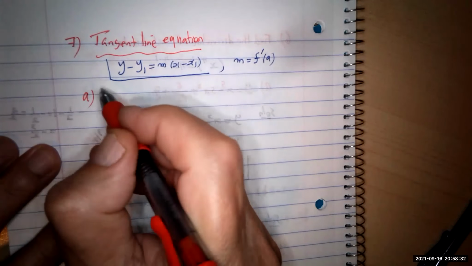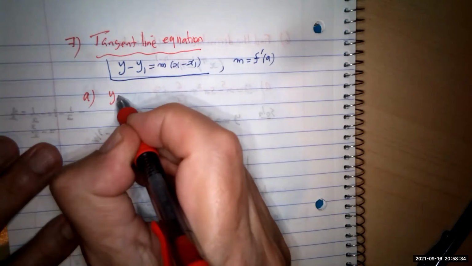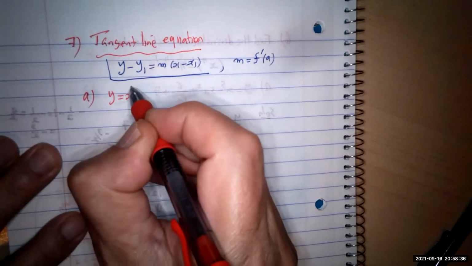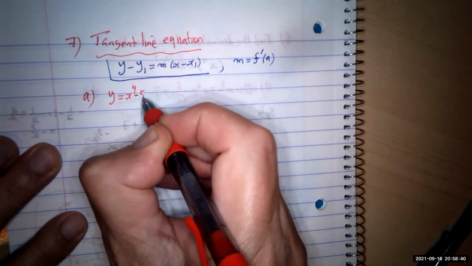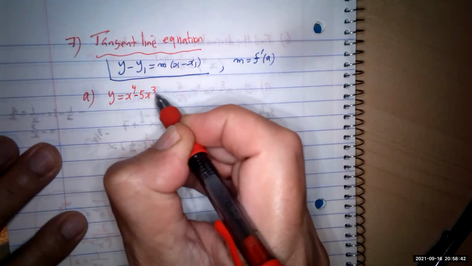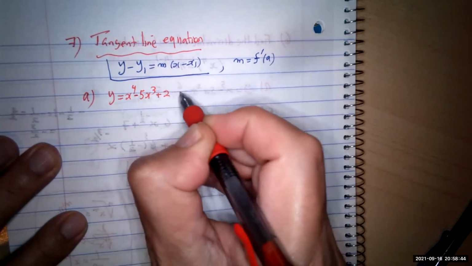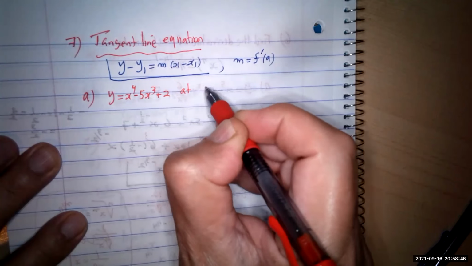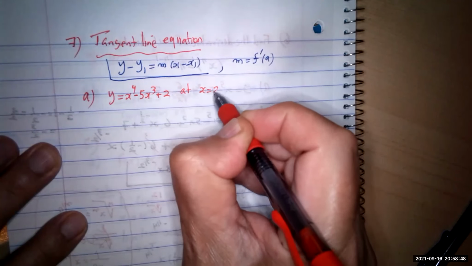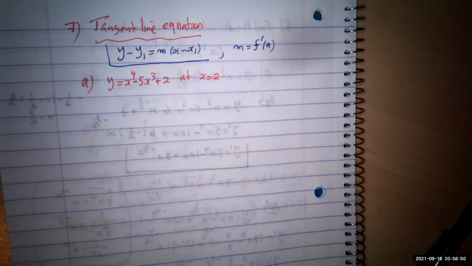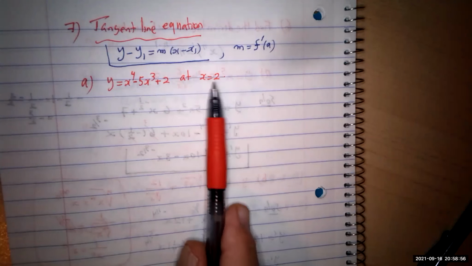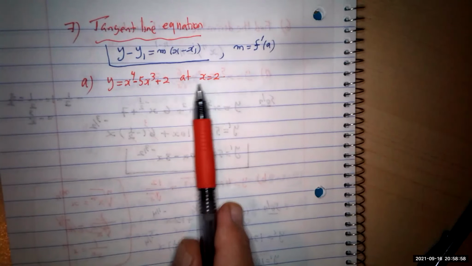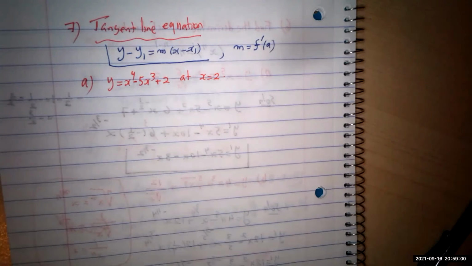It's going to be a polynomial type, just part 1 and part 2. Part 1, this is the function x to the 4th minus 5x cubed plus 2. We want to do it at the point x equal to 2. It's 2 steps. Step 1, we need a point. X is given to you, x equal to 2, you drop it into the function to get the y.